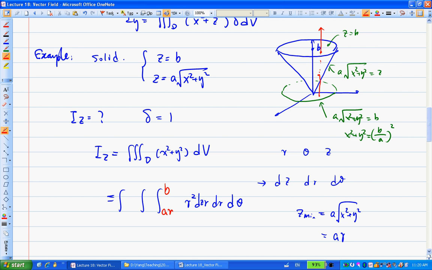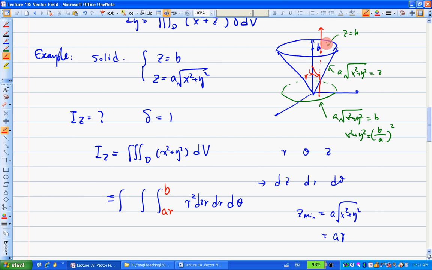Can we change the r into b over a? No. Right now, where did you get bumped into? Here, right? What's the r at that location? This portion is r. Is that r equal to b over a? No. Which portion of r is b over a?